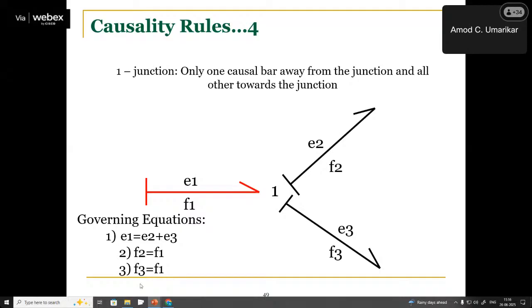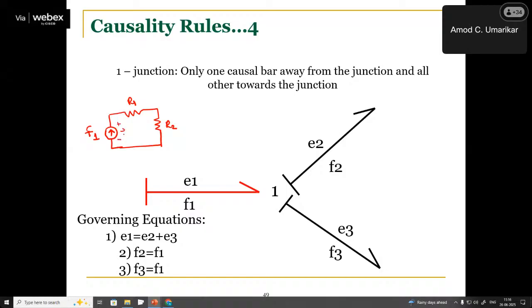Okay. So what does it mean? For example, a simple example, let's say there is a current source with two resistors in series, and this is say F1. I'll take the same thing, right?